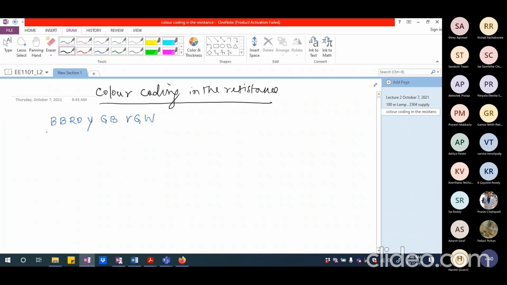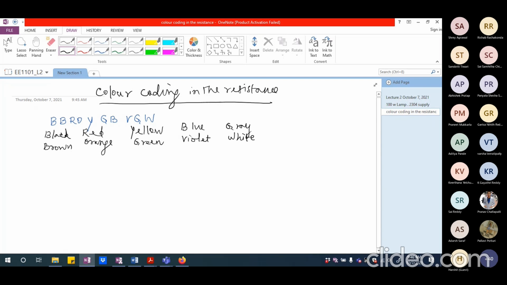So the first B is for black, the next one is for brown, and ROY: red, then orange, and then yellow. Then green, Great Britain, so the next one is blue, and V stands for violet, then gray, and then white.